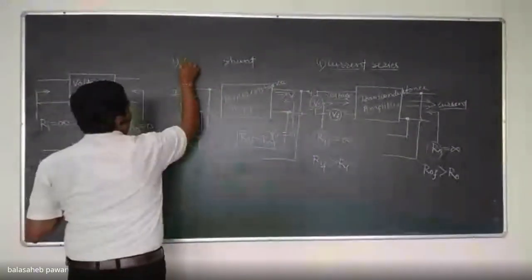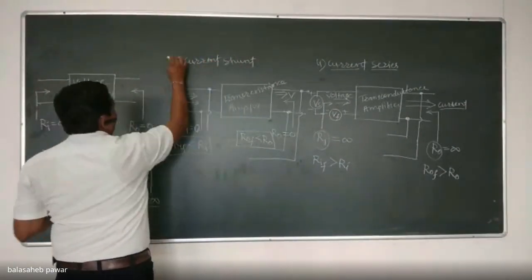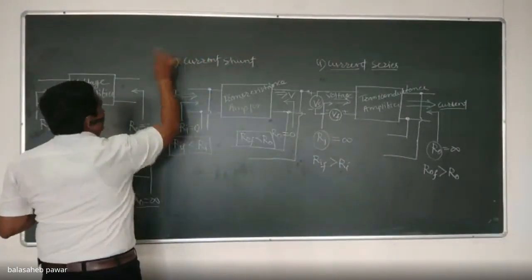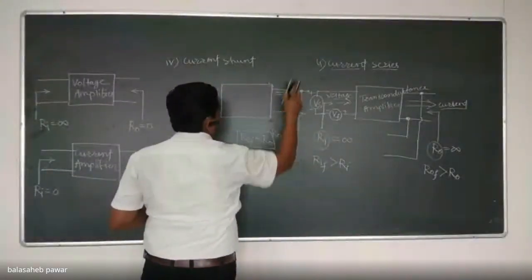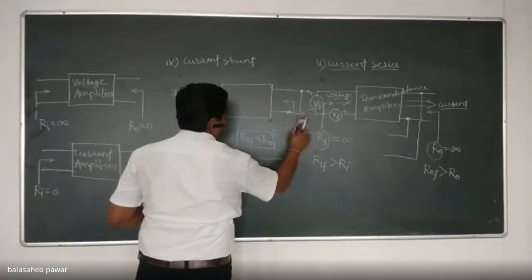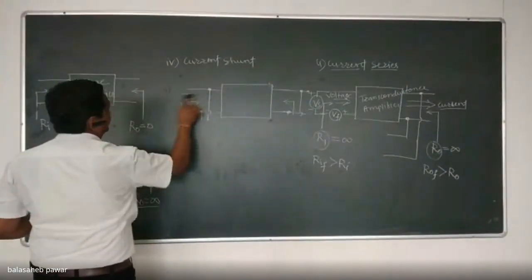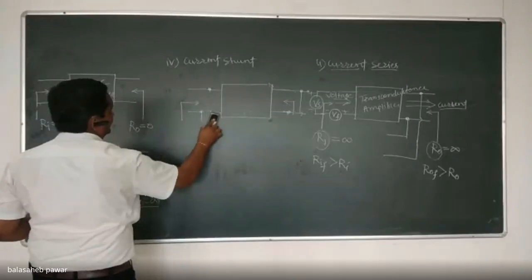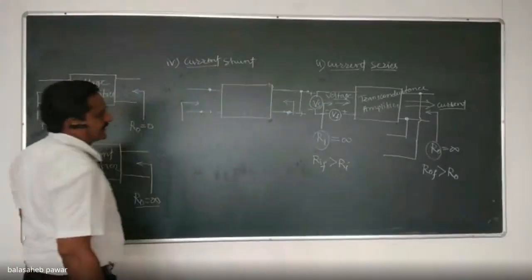That is current shunt. I will expect the answer from your side now. It is very, very simple. What type of sampling? Current.